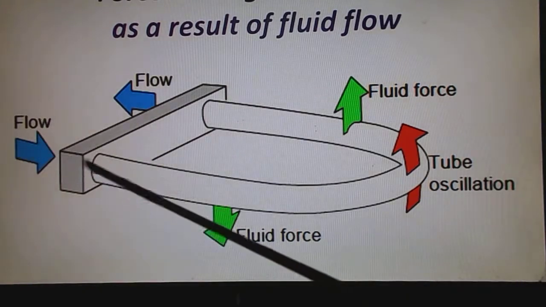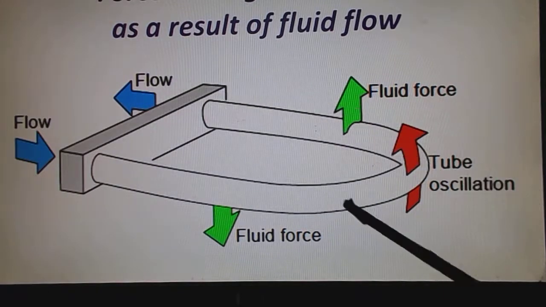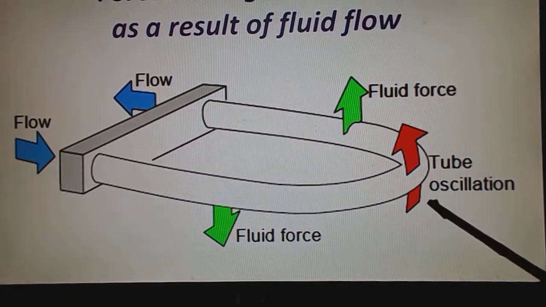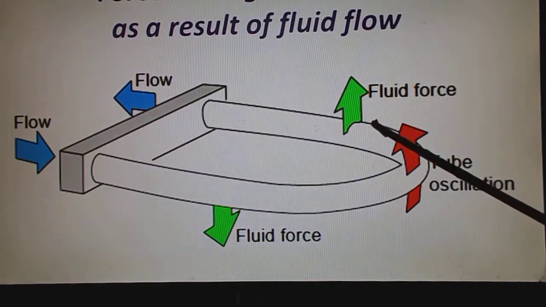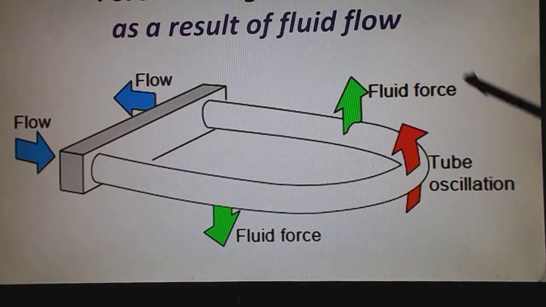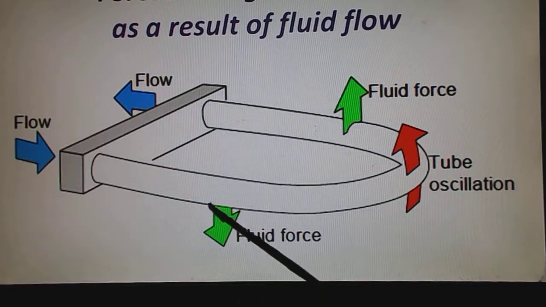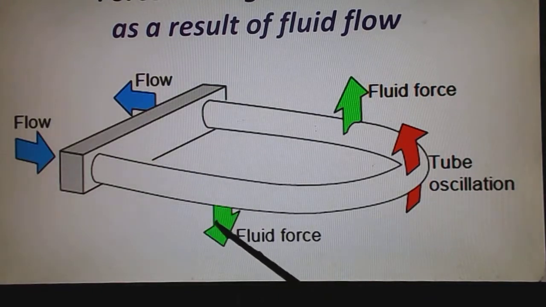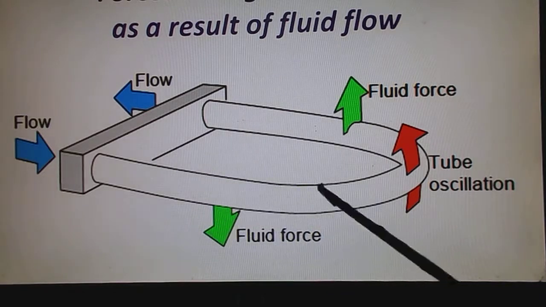So when the flow is going around this tube and the tube is oscillating upwards, you can see that in this arm of the hollow tube, the fluid force is in the direction of the oscillation, and in this tube the fluid force is opposite to the tube oscillation.